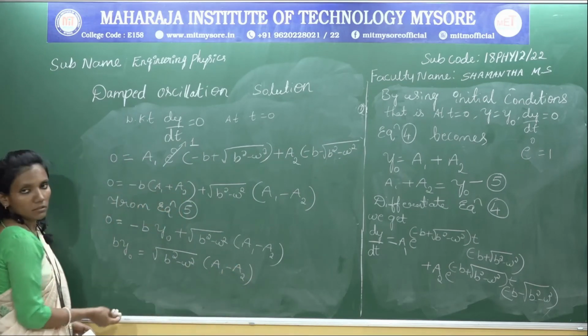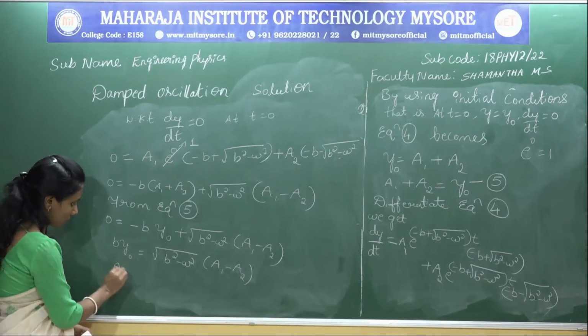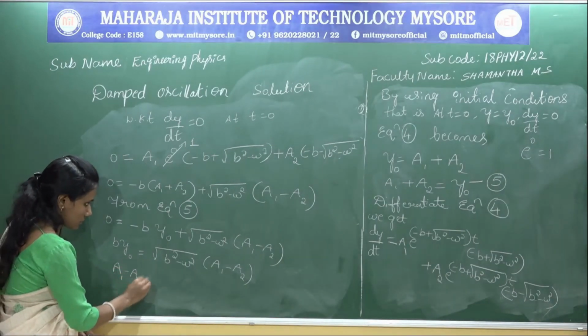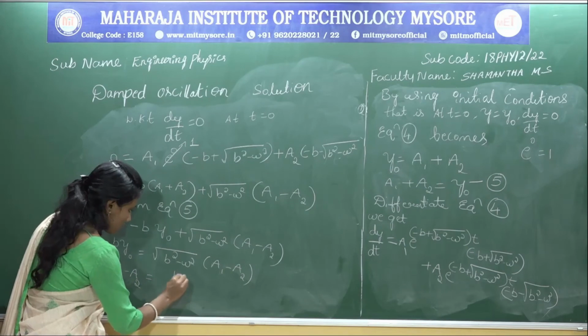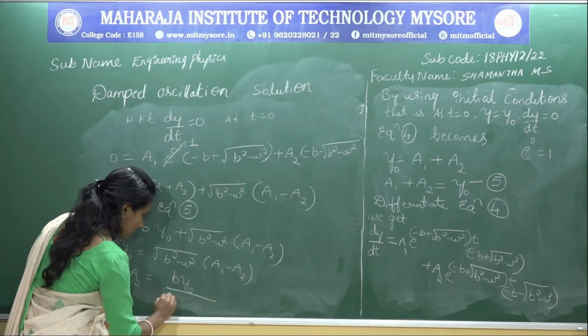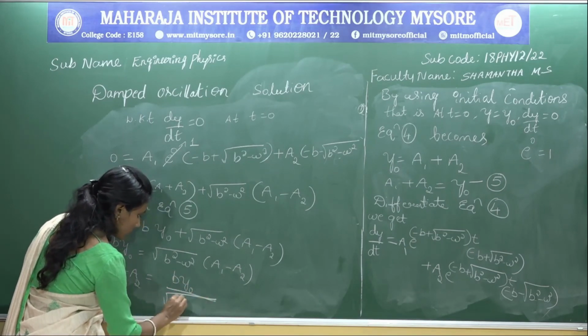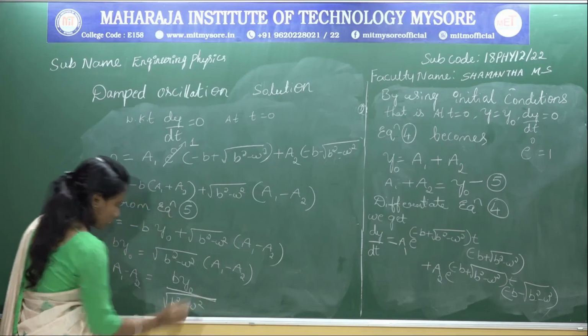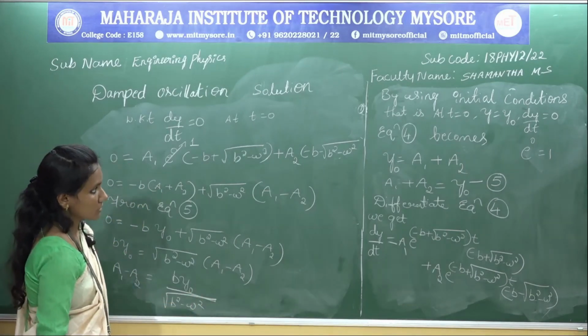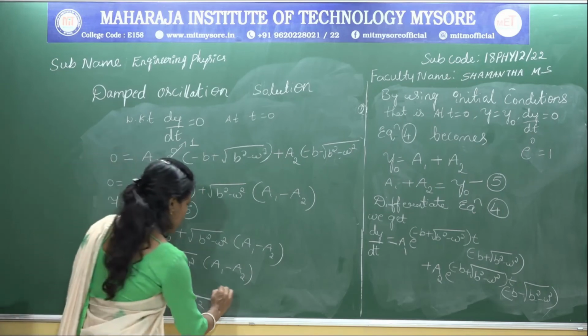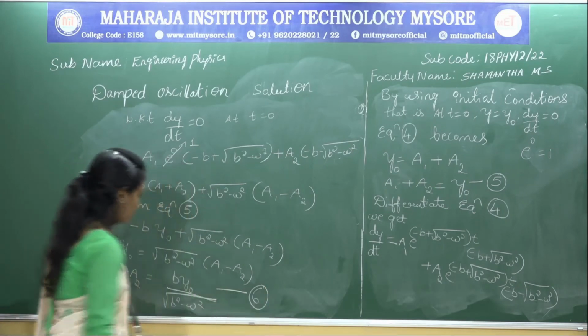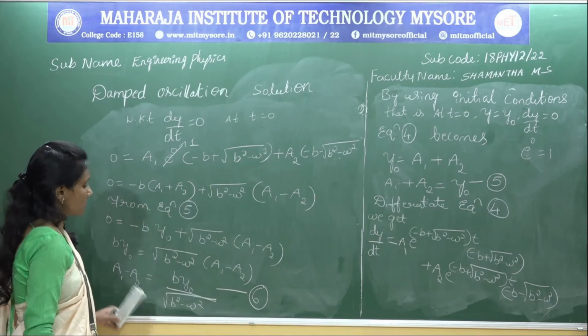This gives a1 minus a2 is equal to b y naught divided by root of b square minus omega square. Name it as equation 6.